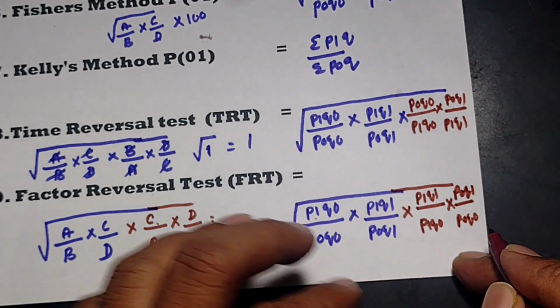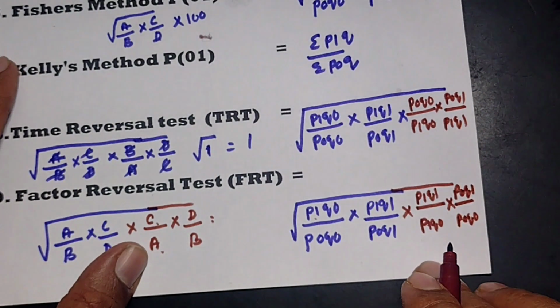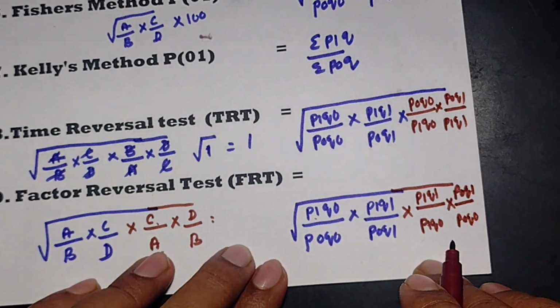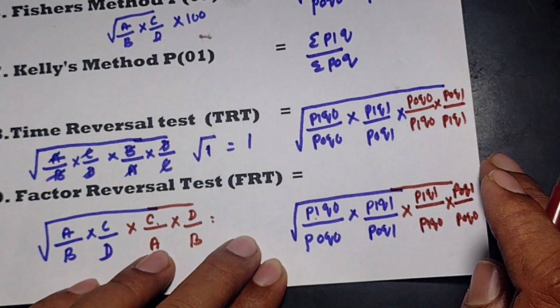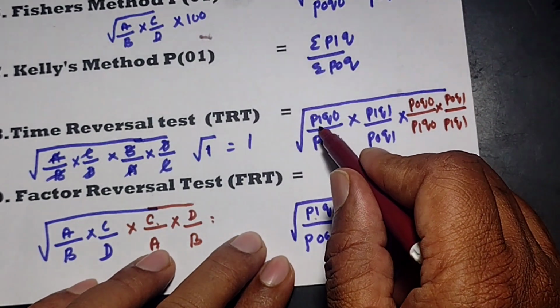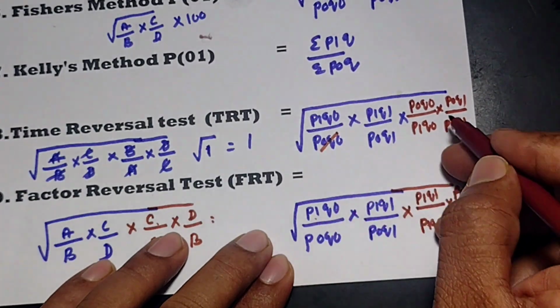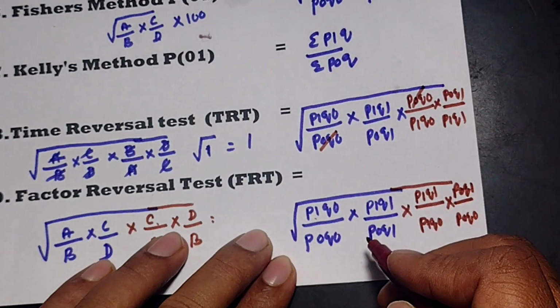Yes. Now compare this time reversal test and factor reversal test. In time reversal test you will get all the entries cancelled, all the price and quantities related. See, P0 Q0, P0 Q0 gets cancelled.